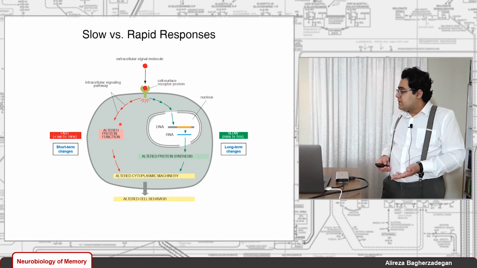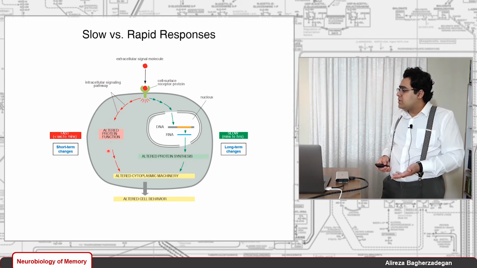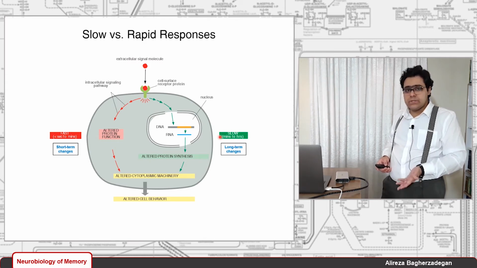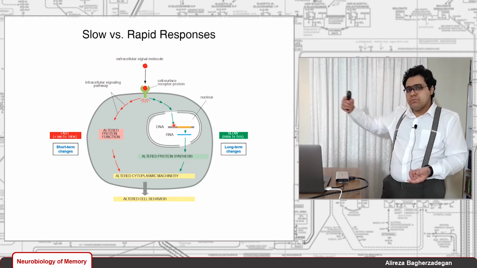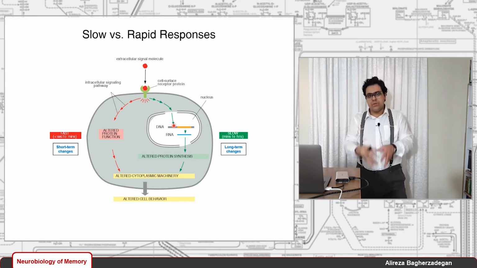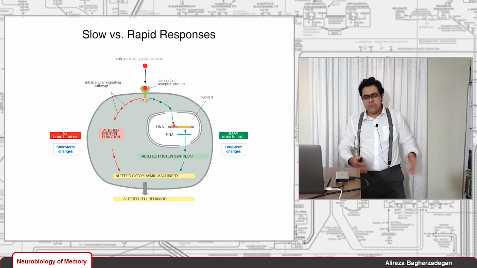You see the number of steps required in this pathway outnumbers the number of steps in this pathway. That's why it is slow. It takes minutes to hours, okay? Because as I explained, different molecules should be translocated and transported into the nucleus, and then they should recruit other proteins.